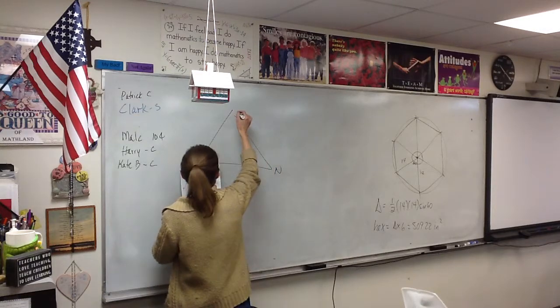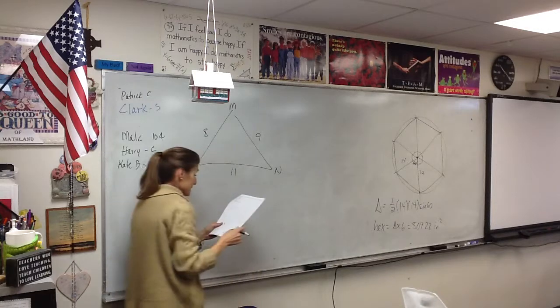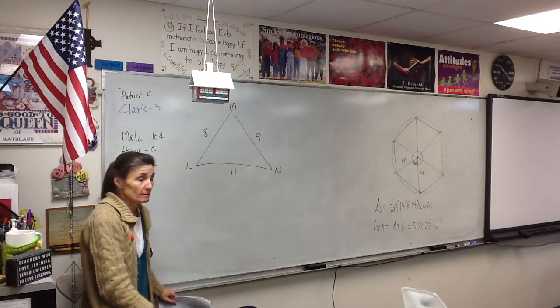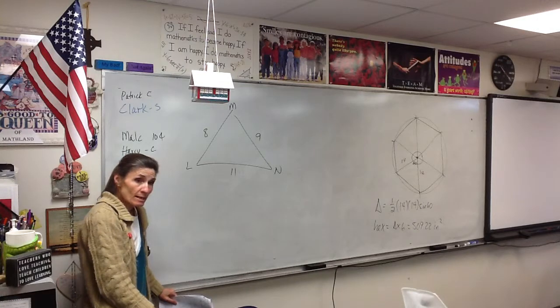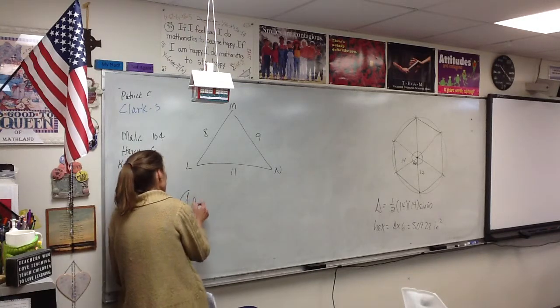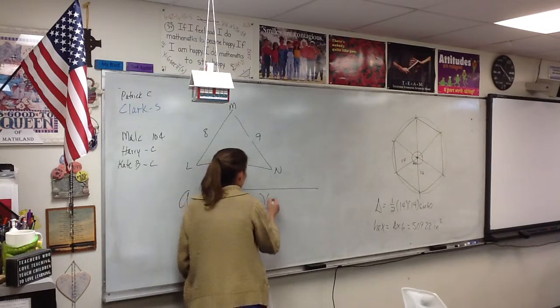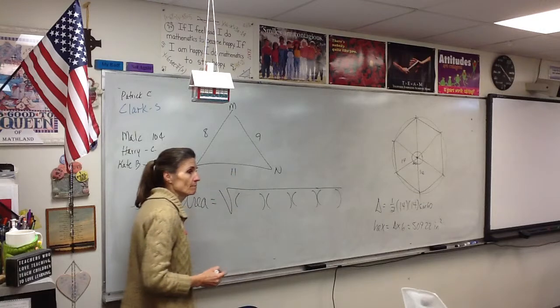And yesterday we learned that the quickest, fastest, easiest way to find area, if you know all 3 sides, is to do what? Hero's formula, right? And who remembers? Hero's formula is a big radical with 4 numbers in it. That's what Hero's formula is. Maya?